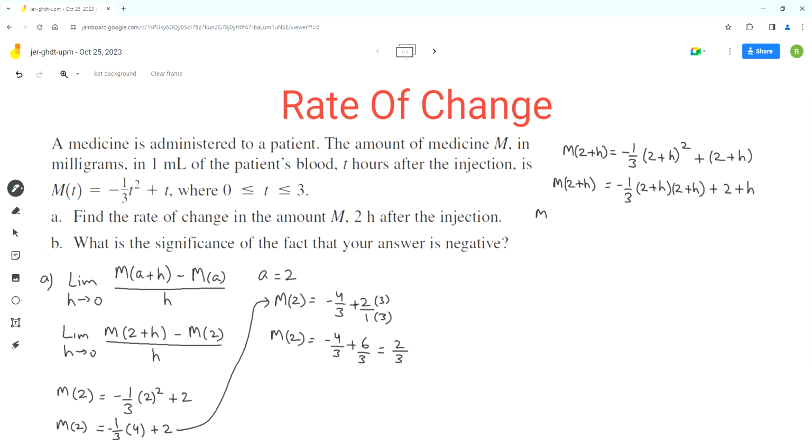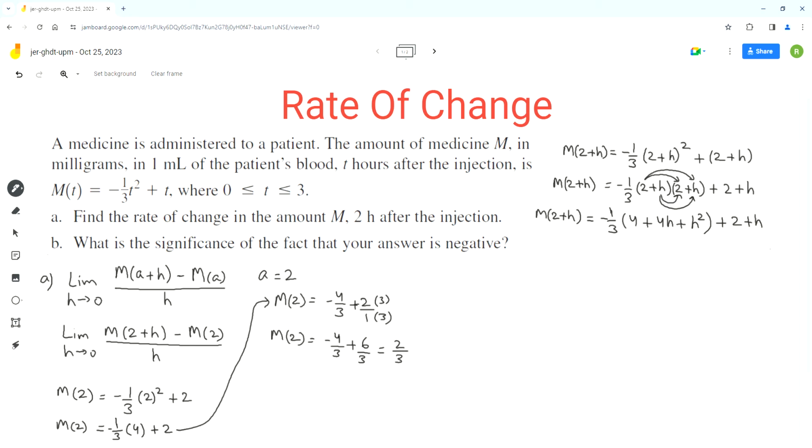Now we can do the distribution. We can use the FOIL method. So we multiply the 2 by 2, then 2 by h, then h by 2, and then h by h. So 2 times 2 is 4, and then 2 times h, and h times 2, so it will be 2h and 2h. We can combine them into 4h, and then plus h times h, which is h squared, and then plus 2 + h.